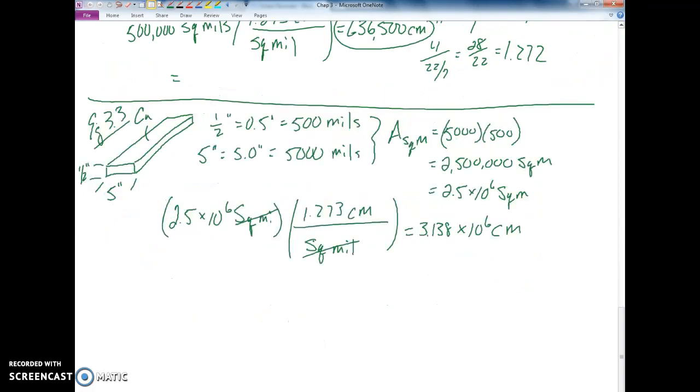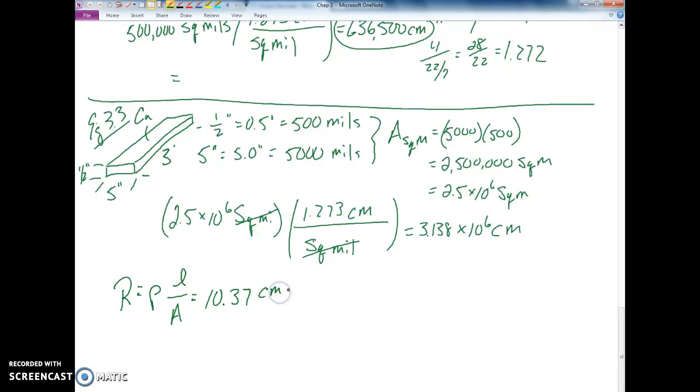Now, in this question it says, what's the resistance of a copper bus in a power distribution panel with dimensions indicated, and so we're looking for the resistance. The problem tells us that it's 3 feet long. Go back to our friend here, resistance equal to rho times L over A. We know that rho is 10.37.